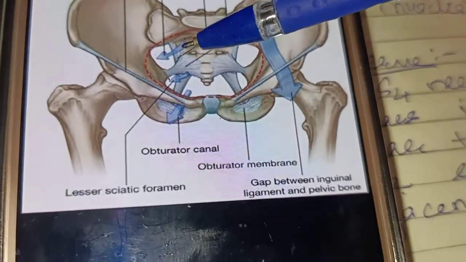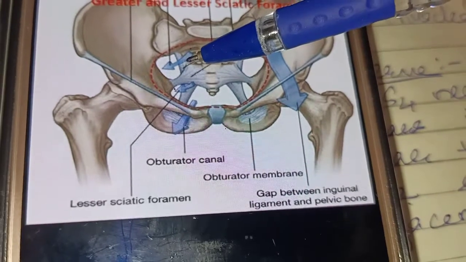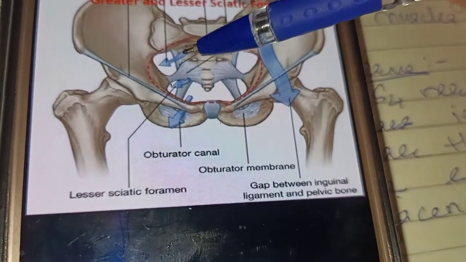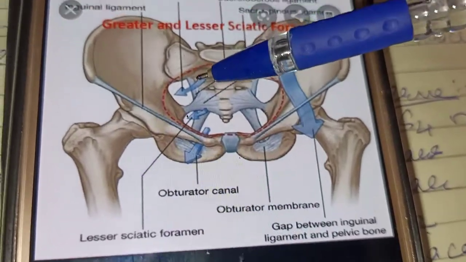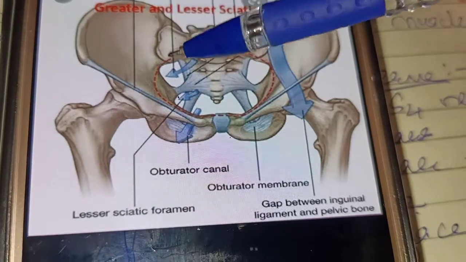So this pudendal nerve, along with the nerve to the obturator internus, leaves the pelvis via the greater sciatic foramen to enter the gluteal region.